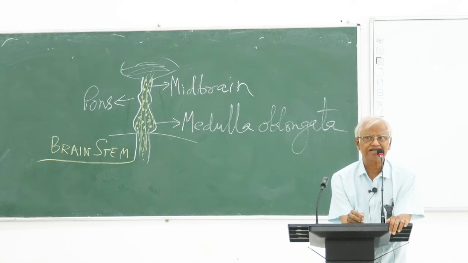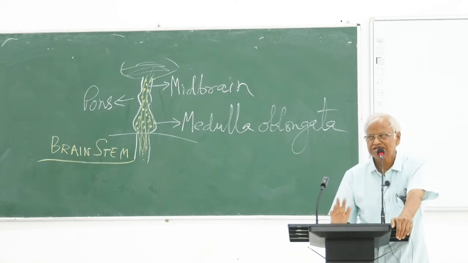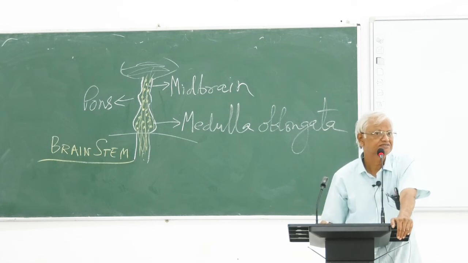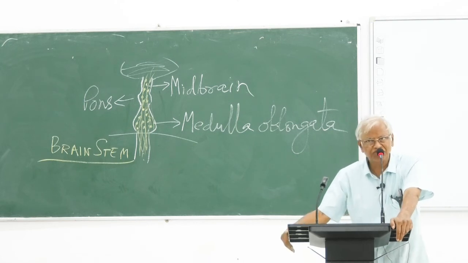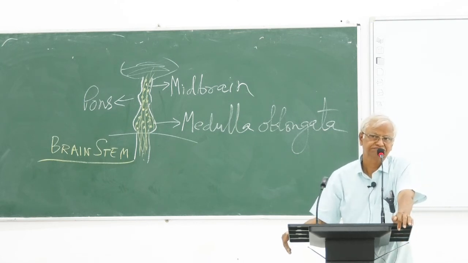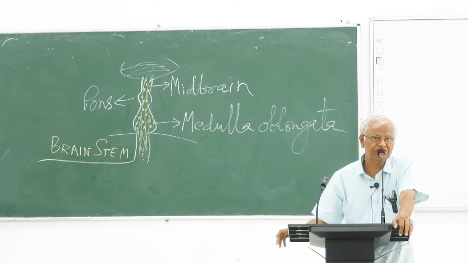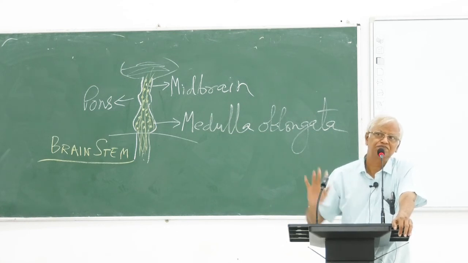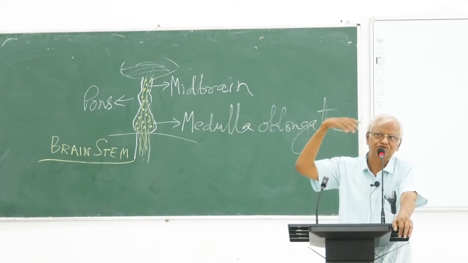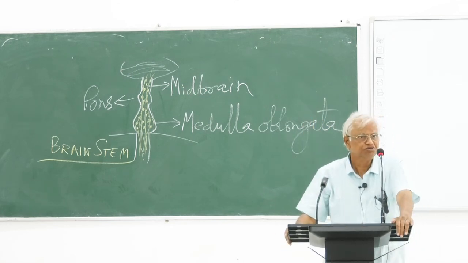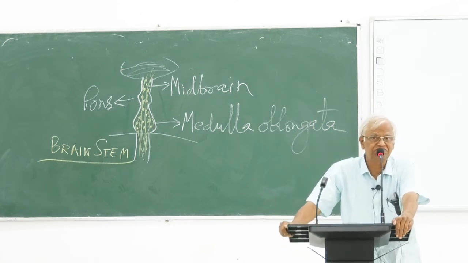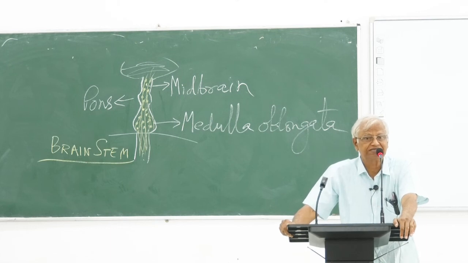And the reticular activating system sends ascending fibers, efferent fibers, from the reticular formation nuclei upwards up to the cerebral cortex, usually, though not invariably, via the thalamus.